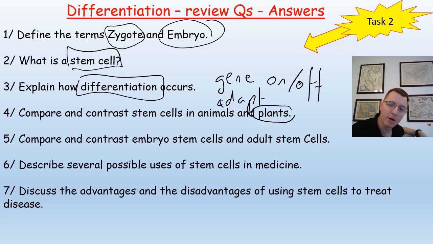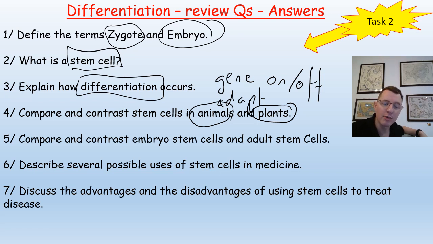Plants have stem cells throughout their life and they can specialize at any point to produce specialized and adapted plant cells, whereas an animal will only have stem cells that can specialize into any animal cell in the embryo, and animals can have adult stem cells, but they will only differentiate into a limited range of cells.